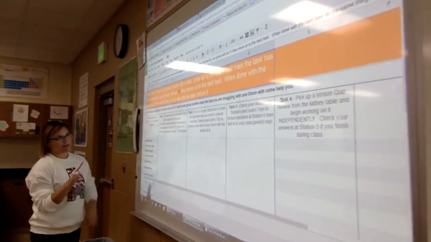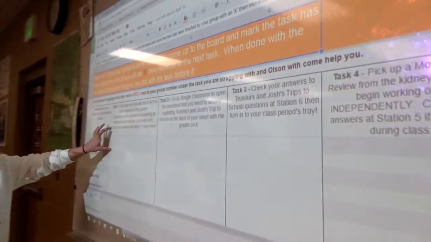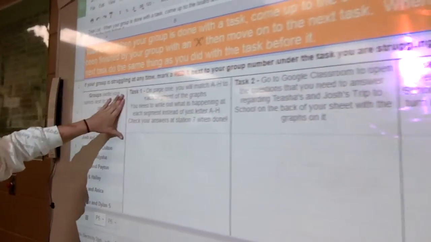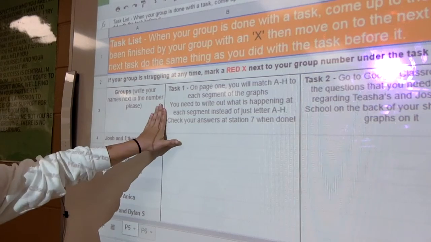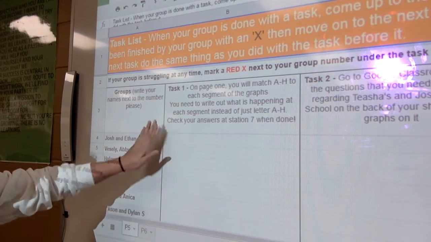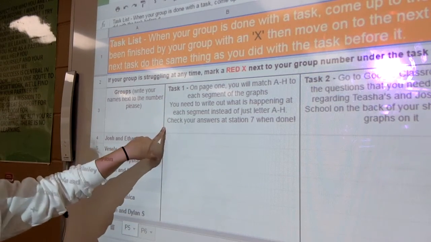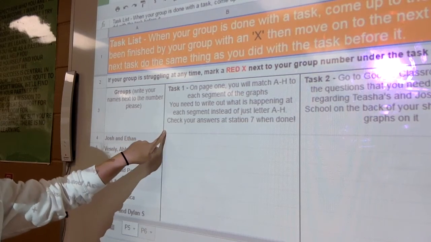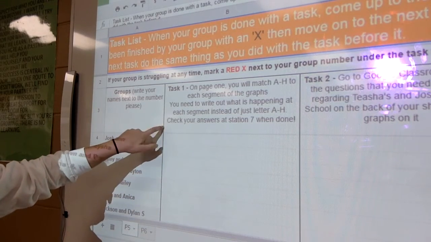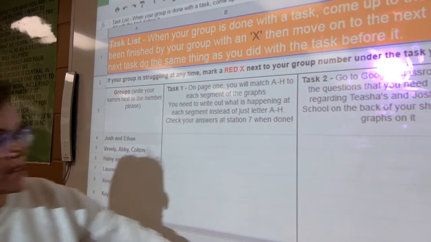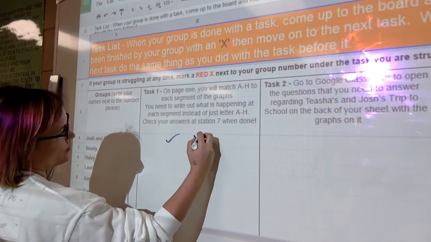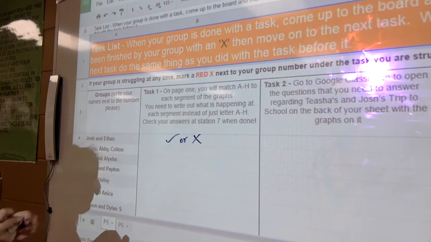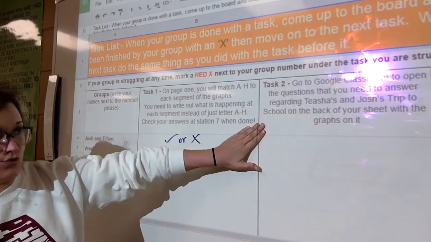They would work with their partner and match up the graphs and descriptions, then write out what was happening at each segment, check their answers, so self-assess at one of my lab stations. Once they got that done, they came up and marked the task either with a check mark or an X, and then they moved on to task 2.